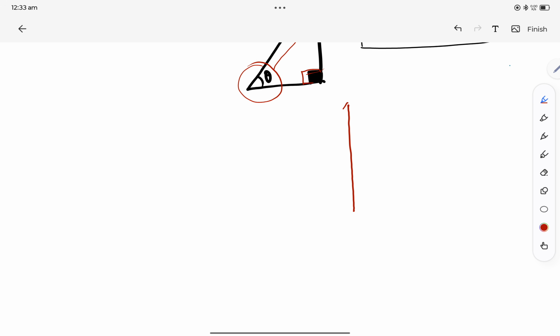So we have a right angled triangle in this figure. One of its angles is 90 degrees and suppose this angle to be theta, then this angle is 90 degrees minus theta, and we are dealing with trigonometric ratios of acute angles.